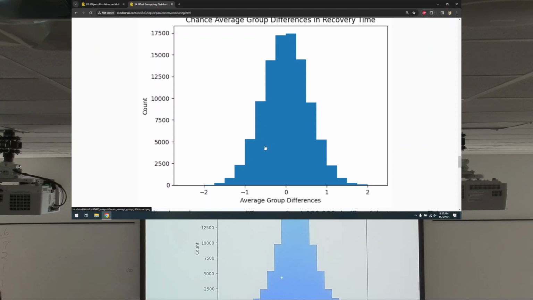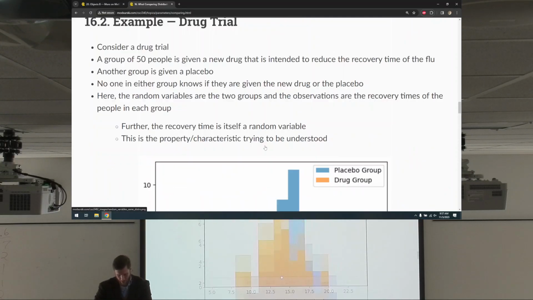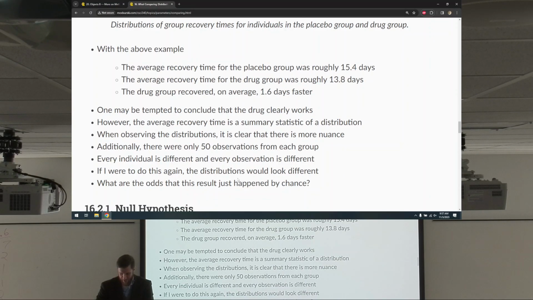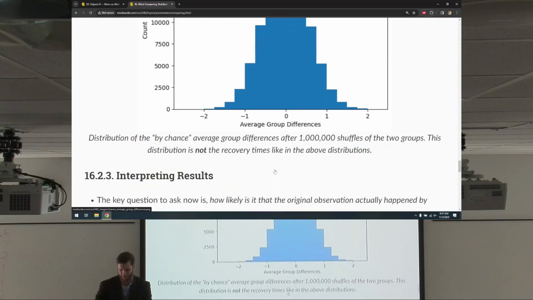So this is where the magic comes in. I wanted to know, what are the odds of 1.6 happening by chance? That's the ultimate thing we had. If I scroll up to the top, that's the question I ask. What are the odds that this just happened by chance? So let's find out. I observed 1.6.